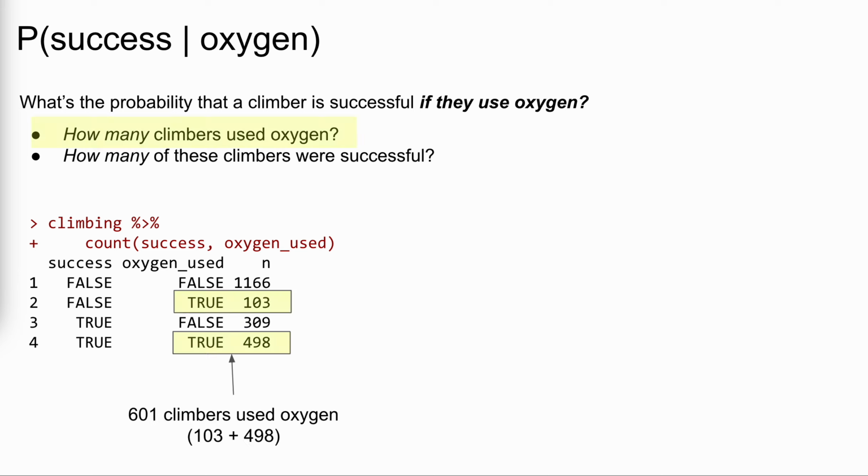To the first question, 601 climbers used oxygen, combining the two counts highlighted here. And among these 601 climbers that use oxygen, 498 were successful.